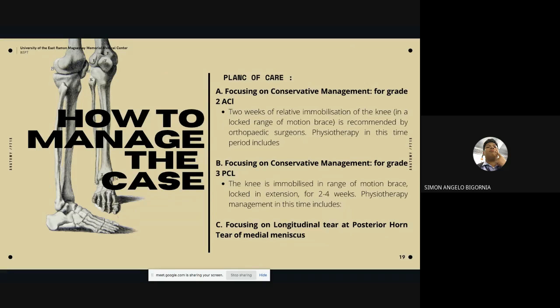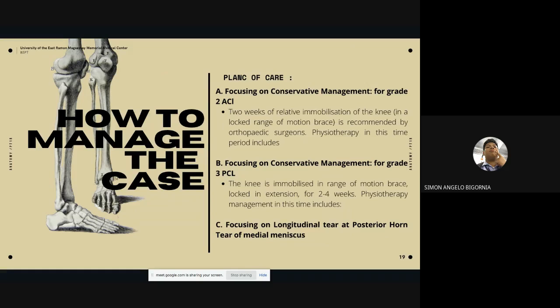We are focusing on conservative management for grade 2 ACL. Two weeks of relative immobilization of the knee is recommended by orthopedic surgeons. Physiotherapy in this time period includes reducing pain and inflammation, reducing knee joint effusion, and knee strengthening, which includes strengthening the quadriceps because it is a key factor in a successful recovery, as the quadriceps can take the place of the PCL to a certain extent to prevent the femur from moving too far forward over the tibia.